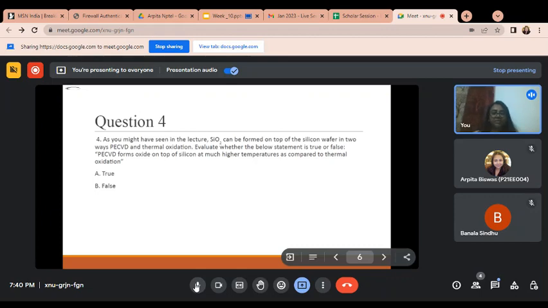As you might have seen in the lecture, silicon dioxide can form on the top of silicon wafer in two ways, PECVD and thermal oxidation. Evaluate whether the below statement is true or false. Plasma enhanced CVD. Yes, it is false. Can you explain why it is false?